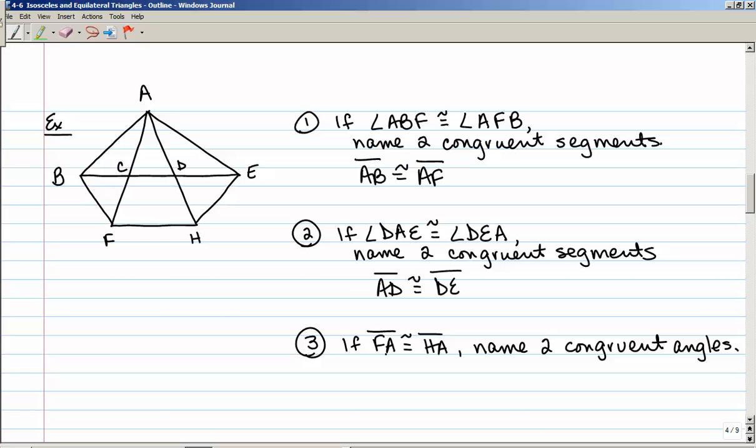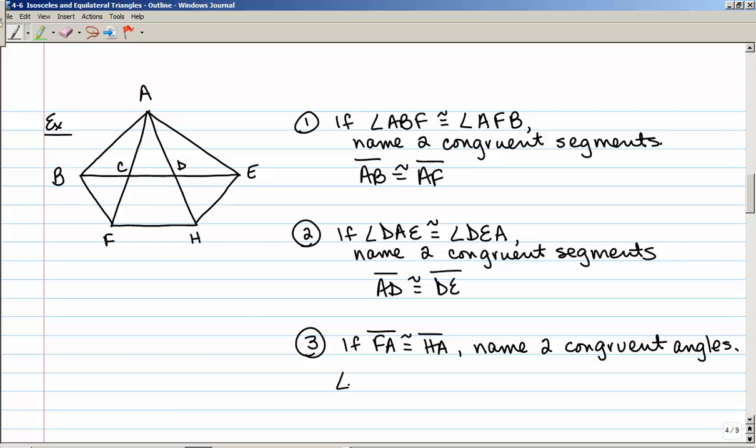And our last example here, if segment FA is congruent to HA, name two congruent angles. So FA, this long segment here, is congruent to HA. Okay, that would make that an isosceles triangle. So then the angles opposite those sides would be congruent. That would be this angle F down here and this angle H down here, but I do need to use 3 letters for each of those.